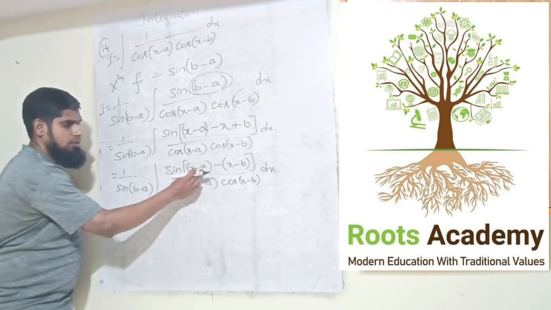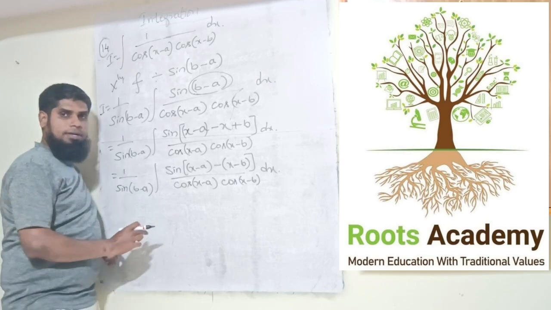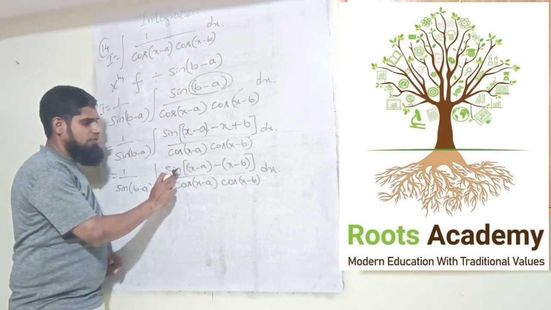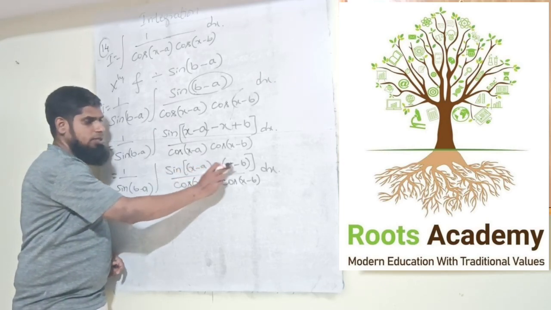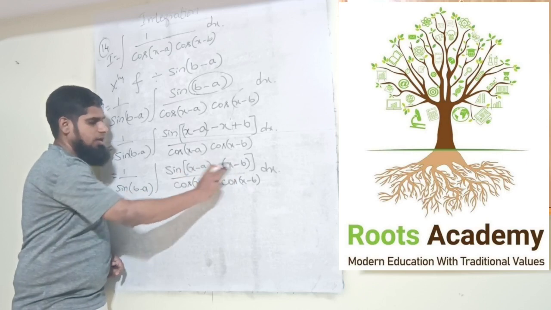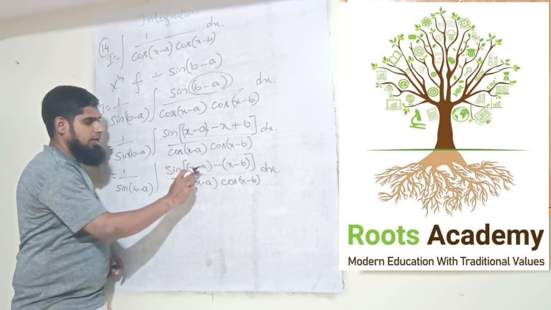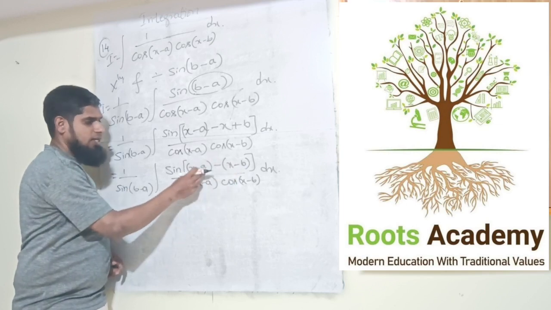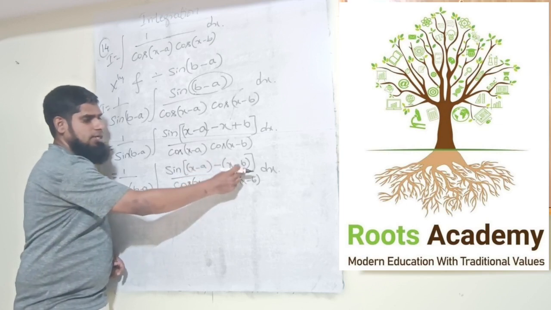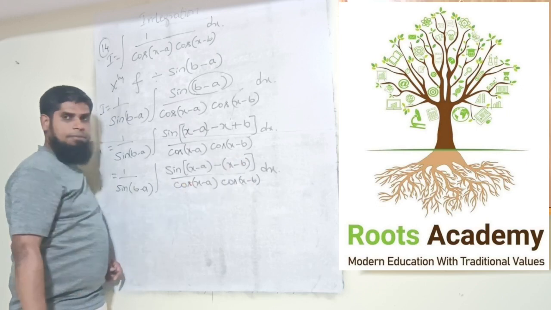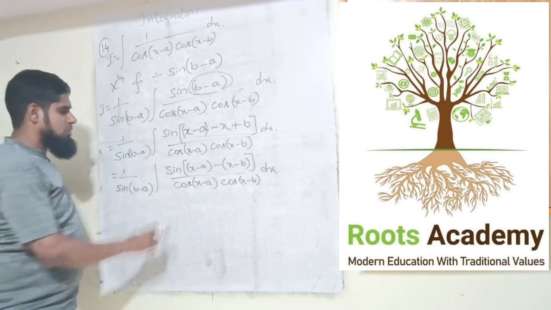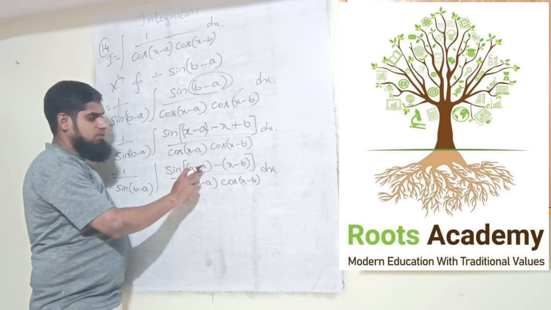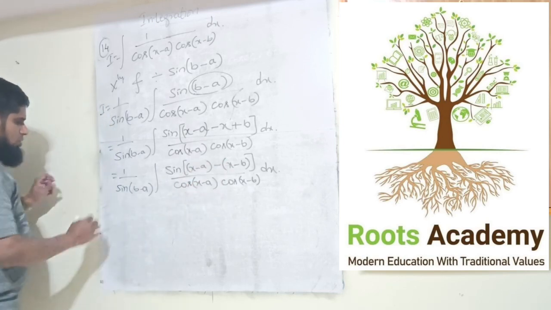Now in this integral, I got a term in the numerator called sine of a minus b. I have two different angles under sine, so this I can read as sine of a minus b. First angle is represented by capital A, second angle by capital B. In our first PC, we studied the formula of sine of a minus b.